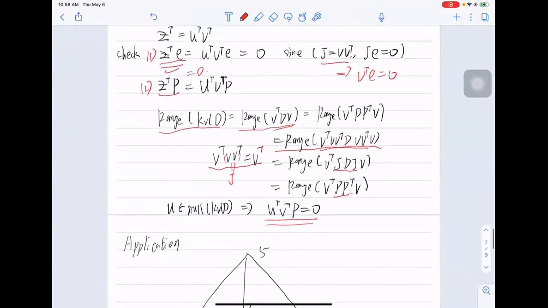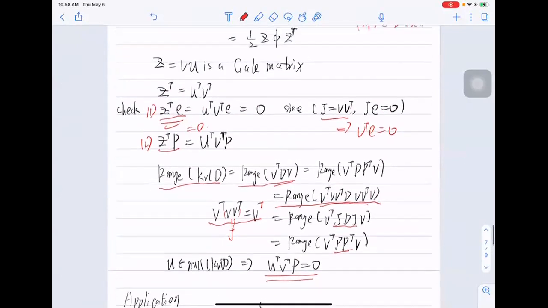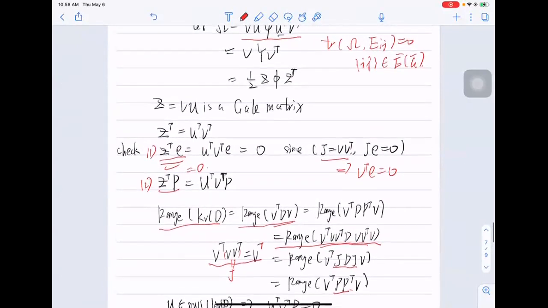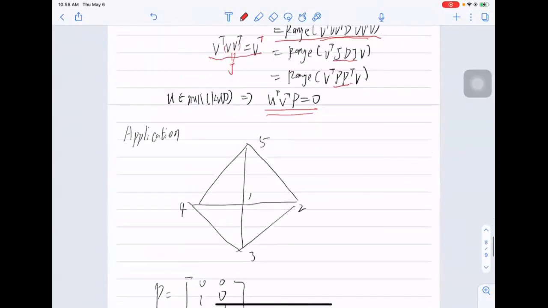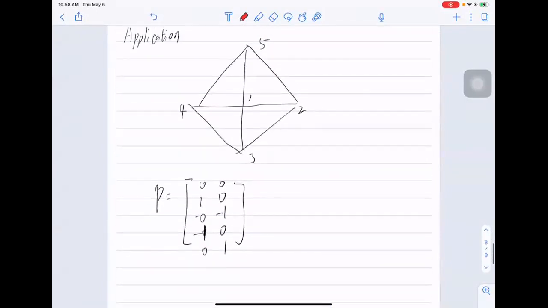So this proves Z is a Gale matrix. Therefore omega is a stress matrix. So let's finish the proof. And yeah, I guess that's it. I don't have time to talk about applications.